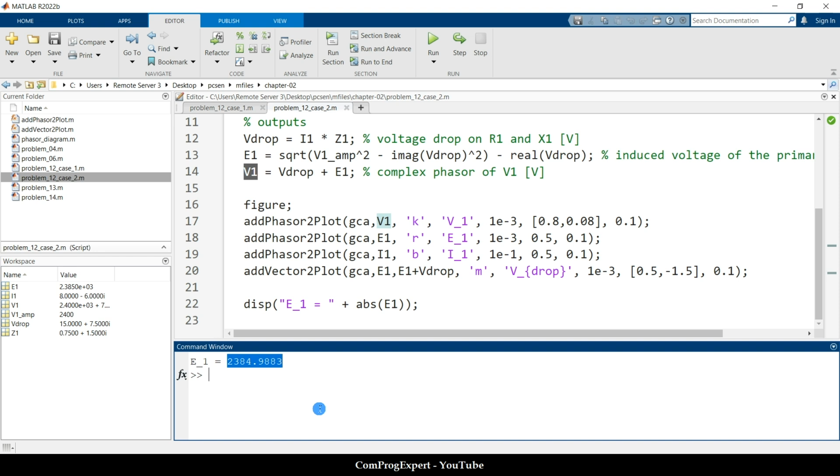However, as you can see, the angle of the V1, let's multiply it by 180 divided by pi, is 0.17 degrees. Very low, right?